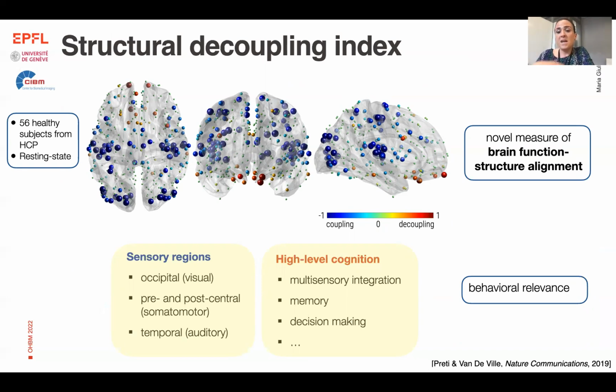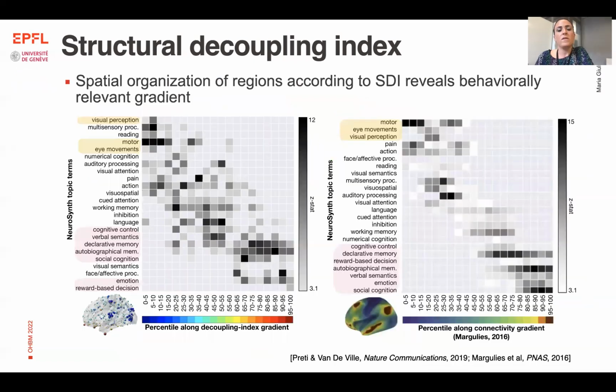We also confirmed the behavioral relevance of this pattern with a Neurosynth analysis where we related topic terms to different masks with different levels of SDI. We found a gradient from coupling to decoupling, from lower level behavioral domains to higher level ones, a gradient that is very close to the one well known in the literature, but based on the functional organization, which has nothing to do with the structure.